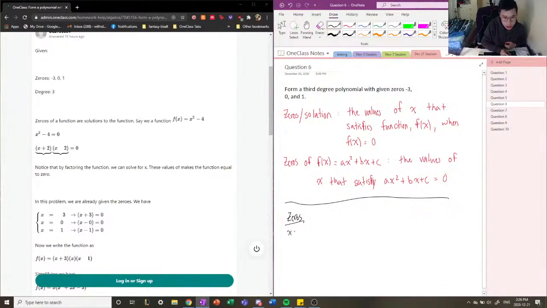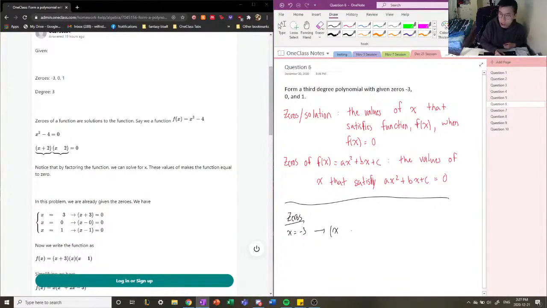We have x equals -3, right? If we were to think about our regular method, we would factor first and then find the solutions to each of the factors. Here we have our zero, and we're trying to find our factor.